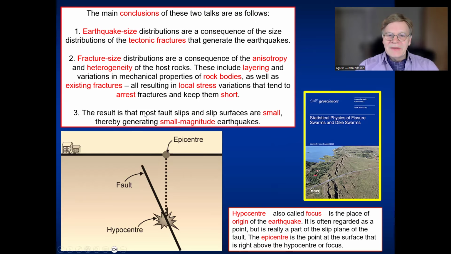So the result is that most fault slips and slip surfaces remain small, and therefore they generate small magnitude earthquakes. So this is the formal explanation for the power law size distribution of earthquake magnitudes, which was the main point here to be explained.